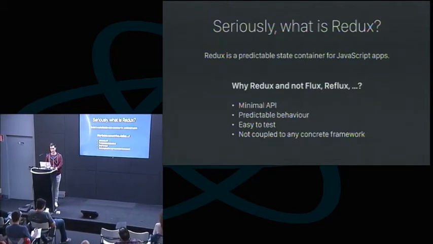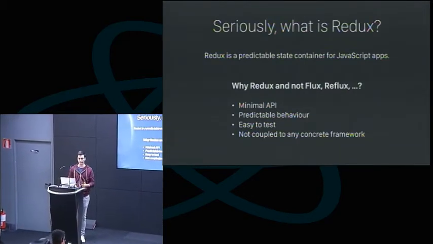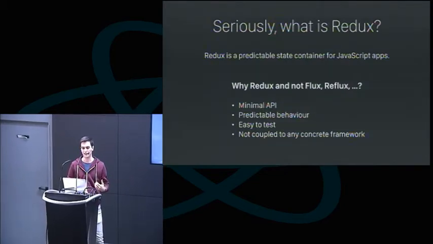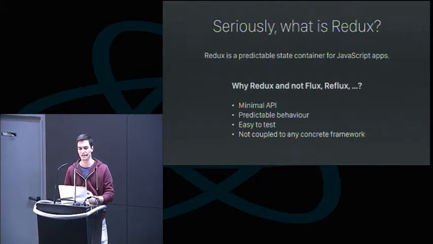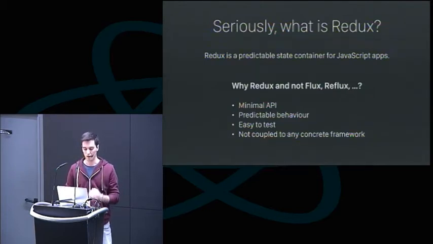It has a predictable behavior. That means that it's easy to test, that is very important. Usually in the past, front-end applications didn't used to be tested, and that's a huge mistake. And with Redux, for example, testing is a lot easier.